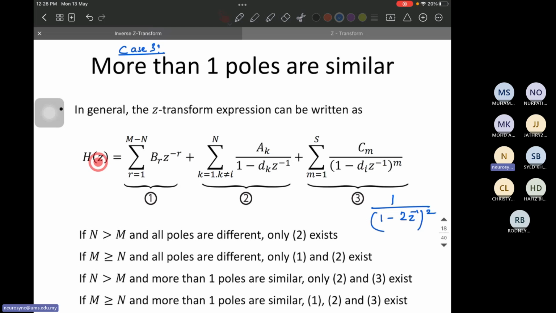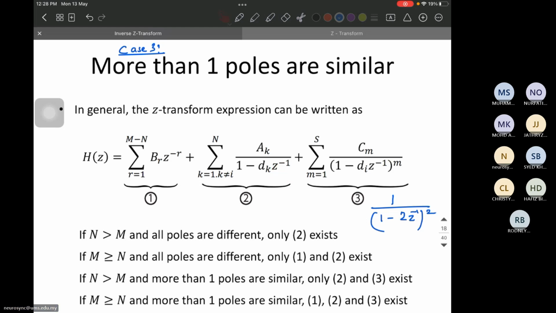Why are we talking about this general form? Because we know the standard signals like z to the power minus m. We know the inverse z transform of z to the power minus 1. We know the inverse z transform of 1 divided by 1 minus d_k into z to the power minus 1. Okay.